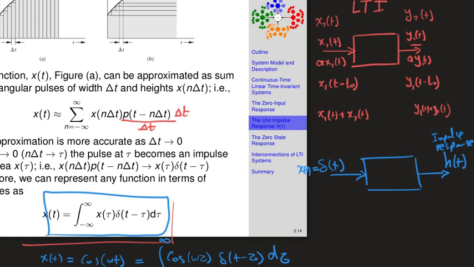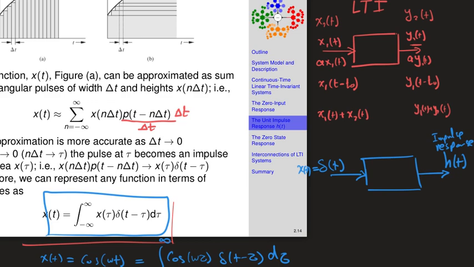So for this being put into the input, which is part of the system's input, why is it a part? Because I don't only put this one, but I put many of them added together, that's the integration. For a single one of those, I know exactly what the output is going to be, given that I know h of t.